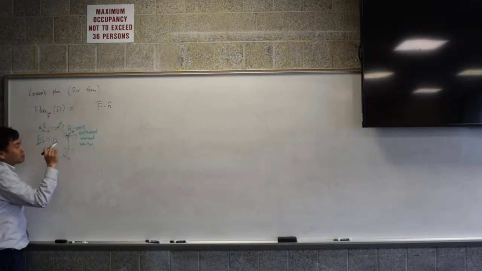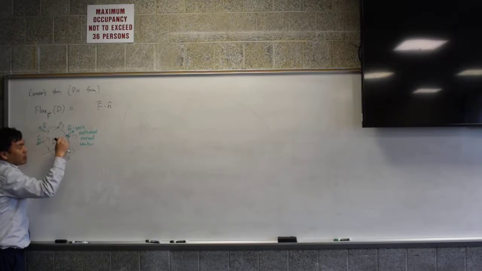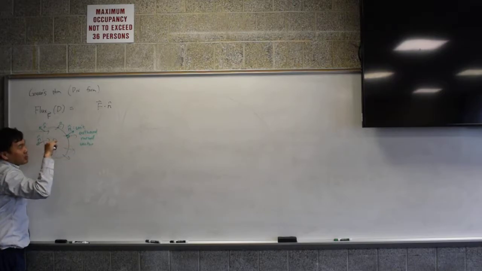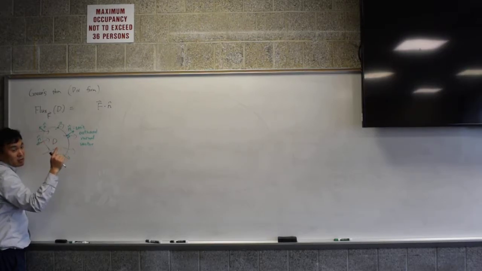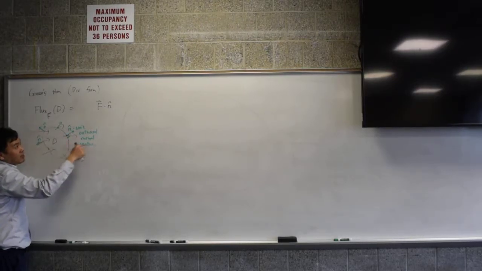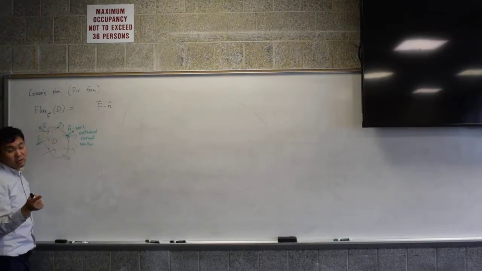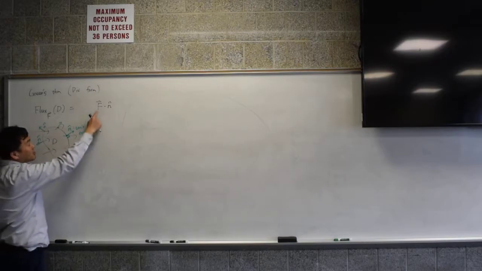Let me repeat myself. If the vector field at a point is pointed outwards, is the angle between N and F less than 90 degrees or more than 90 degrees? Less than 90 degrees. In that case, the dot product will be positive or negative? Positive. If it's less than 90 degrees, it's positive.